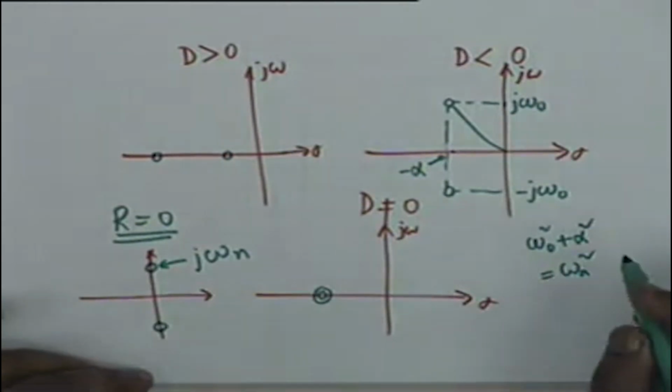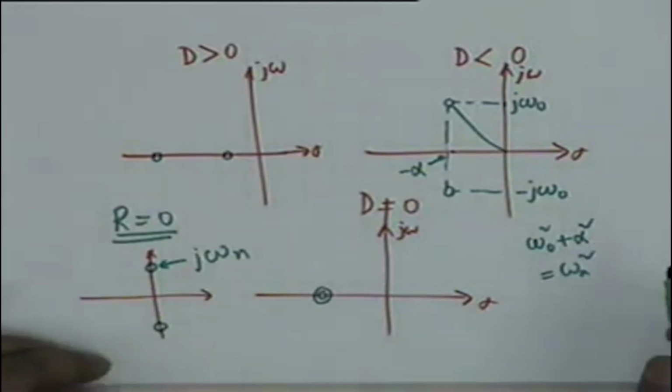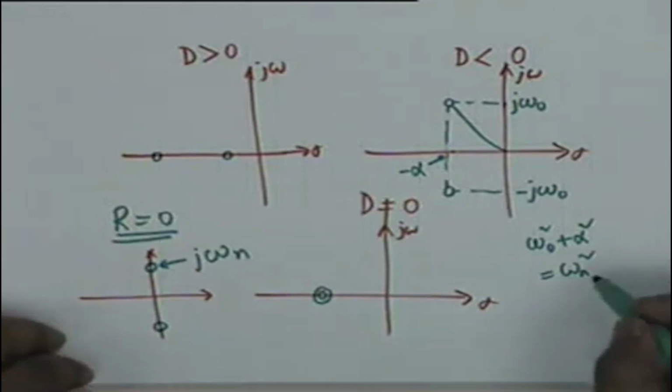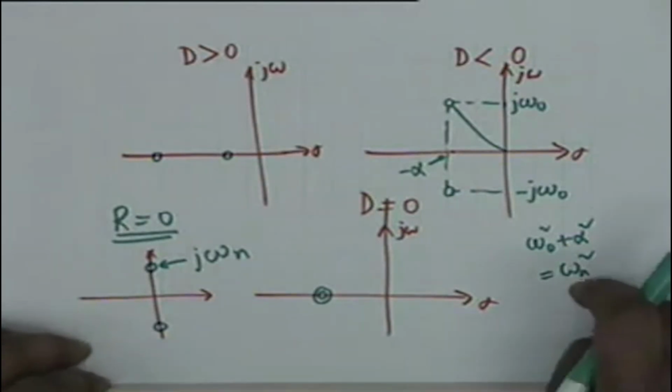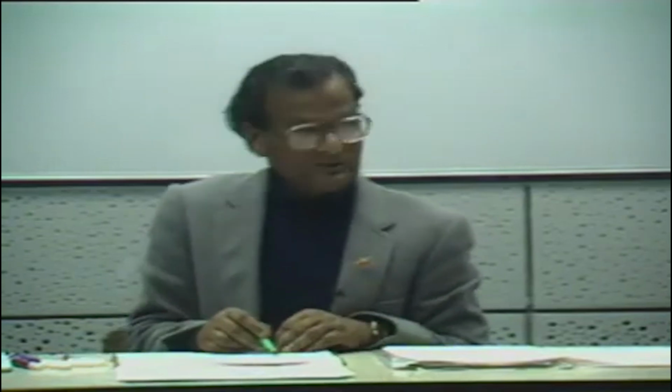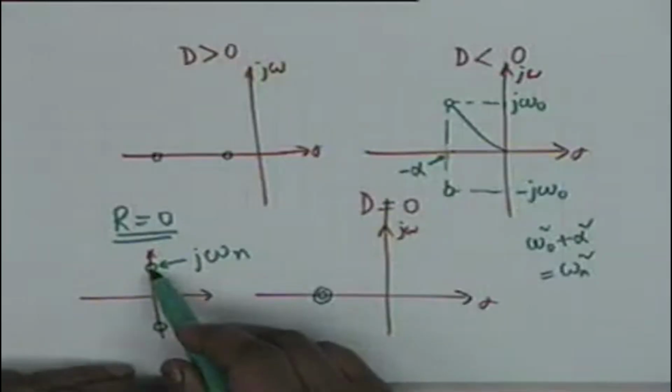Now omega n depends on L and C only, isn't it right? Omega n does not depend on R. Is that clear? By definition, omega n is the undamped natural frequency of oscillation and undamped means R equal to 0. It is this omega n we are talking of.